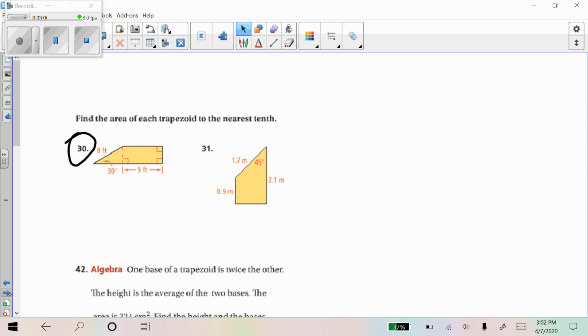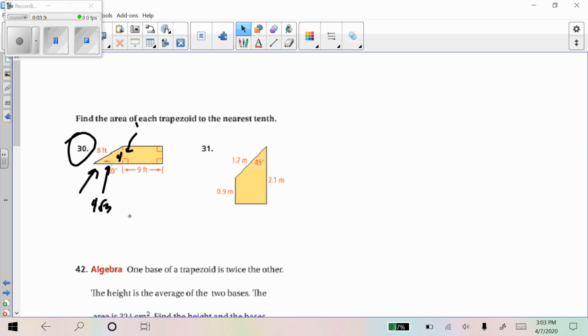All right, and then number 30, we had some troubles there. Again, notice this is a 30, 60, 90 triangle there. And so to find this height right here, that's going to be half of the hypotenuse, which makes it 4. And then this part right there is the short leg times the square root of 3, 4 times the square root of 3 for that.